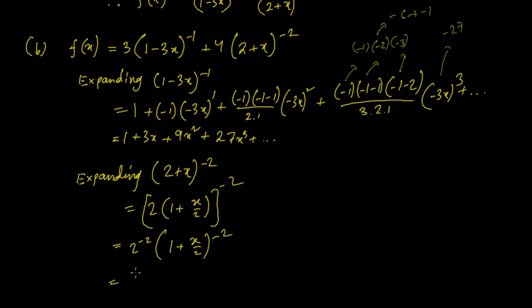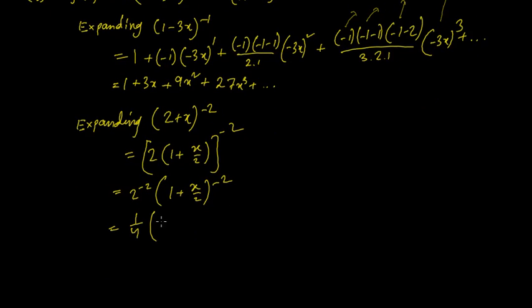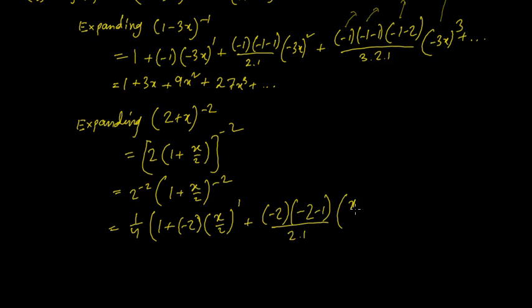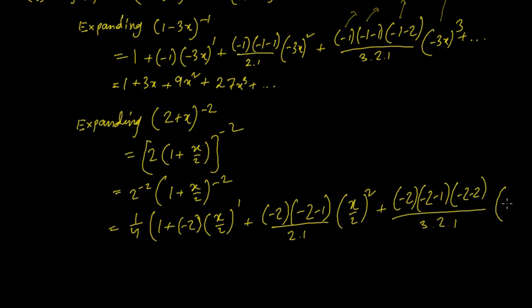So 1 plus nC1, which is n, b is x by 2 to the power 1, then nC2 is n(n minus 1) by 2 into 1, x by 2 whole squared, then n(n minus 1)(n minus 2) by 3 into 2 into 1, x by 2 whole cubed, plus dot dot dot.